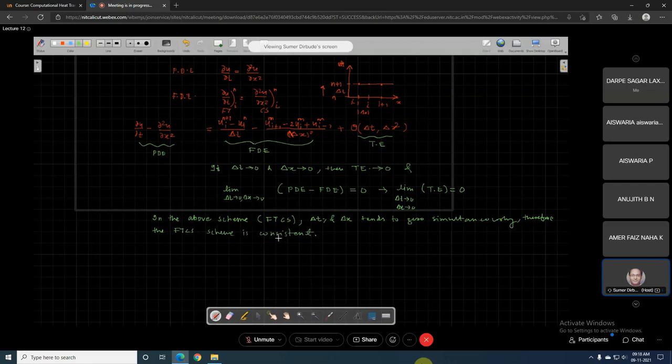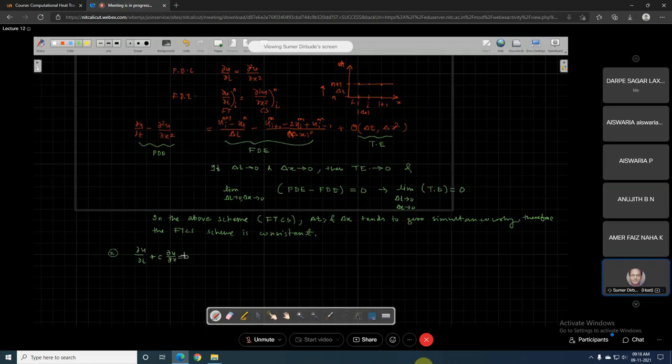Now, what scheme can be inconsistent? Okay, so let us take another example, example number 2. Let us take this problem, del u by del t, this is a PDE, plus constant C del u del x.